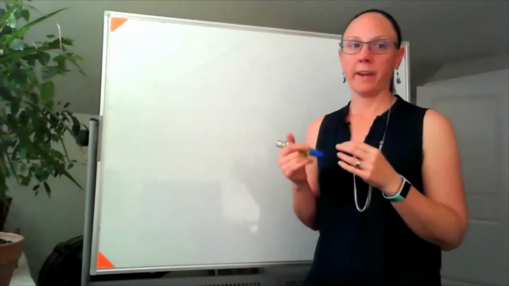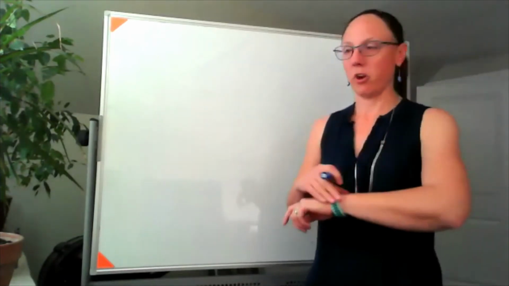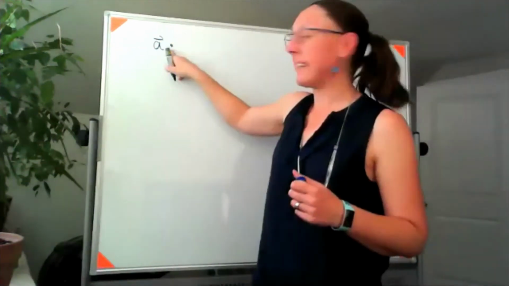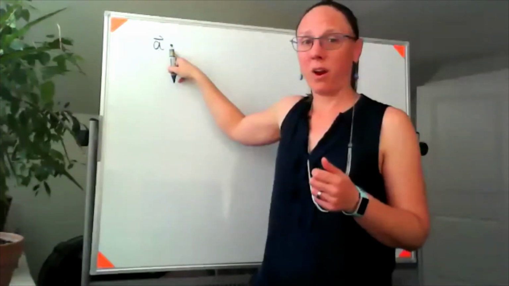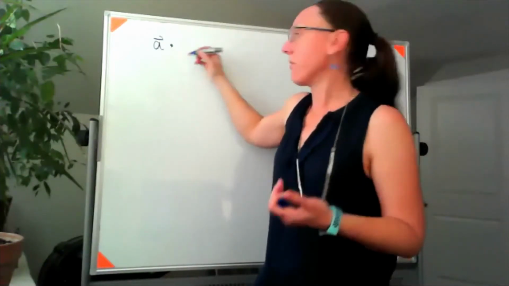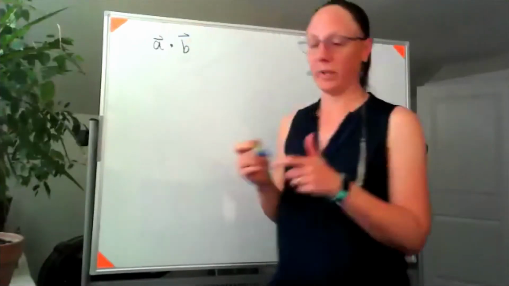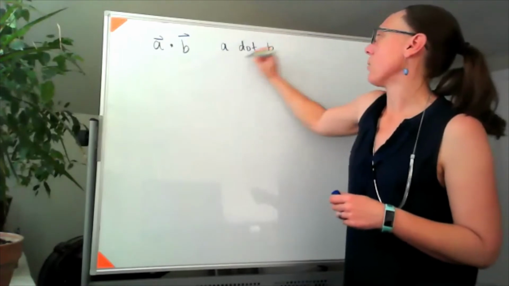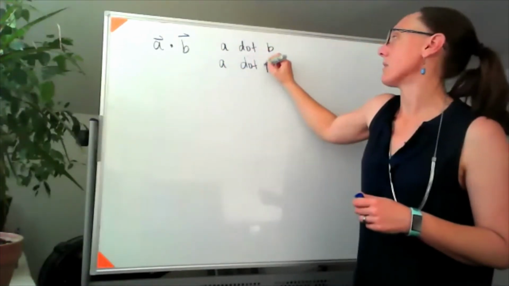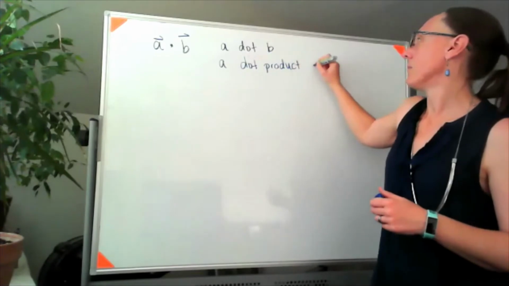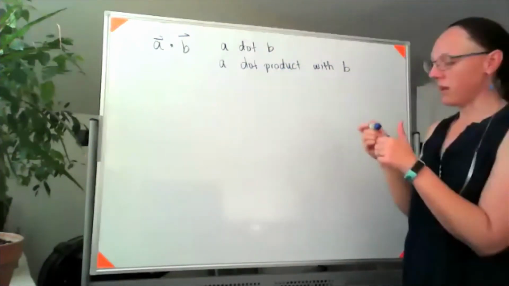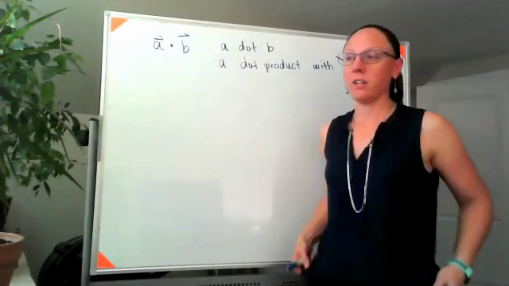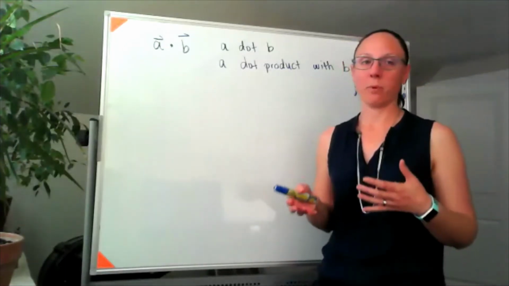So when we're talking about dot product and we write that, we literally are writing a dot, and product meaning I'm multiplying things. So if I write A dotted with B, that's how I would read that, as A dot B, or A dot product with B. But usually we just read it as A dot B. This has a geometrical, like a graphical interpretation of what that dot product means.